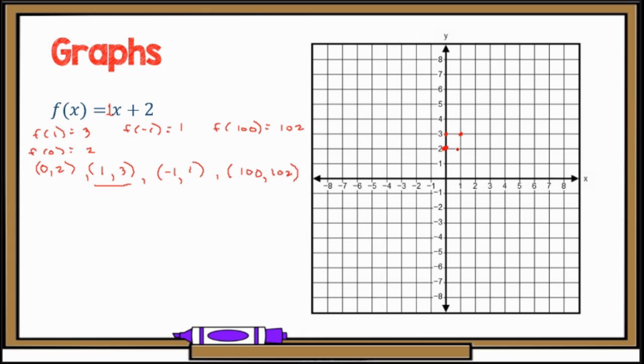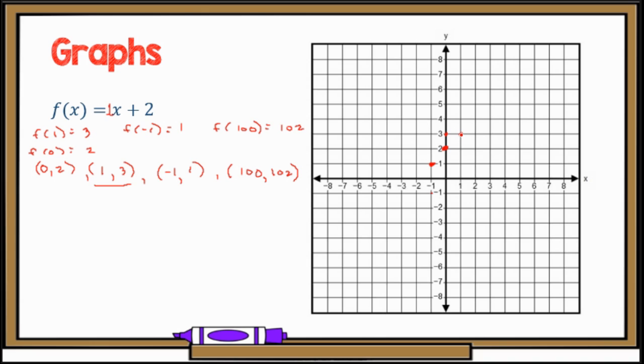So we have 0, 2, 1, 3. Also, -1, 1 is a point on our graph, and so is 100, 102. But we are limited by the space in our Cartesian plane, so we cannot plot that.